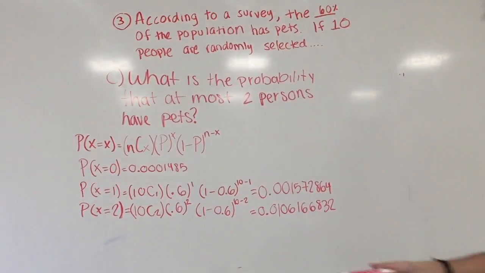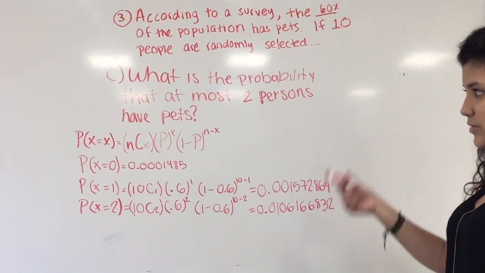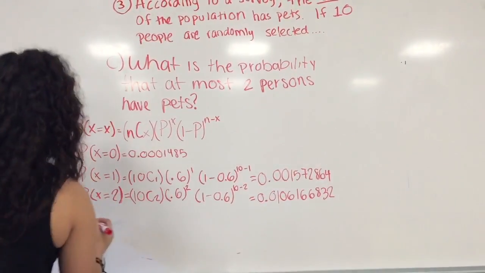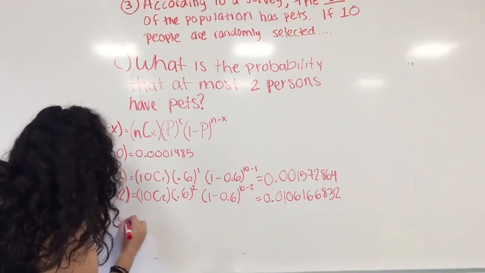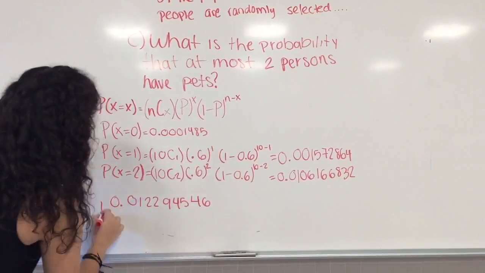Then we have to sum these 3 in order to get the probability that at most 2 persons have pets, and the answer is 0.012. And that is the final answer.